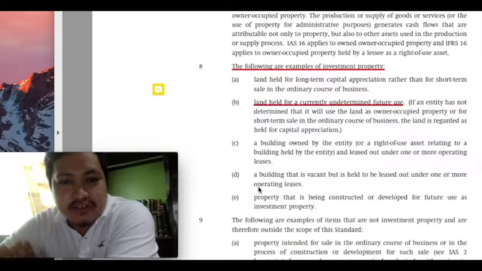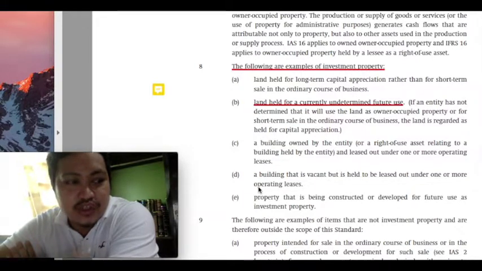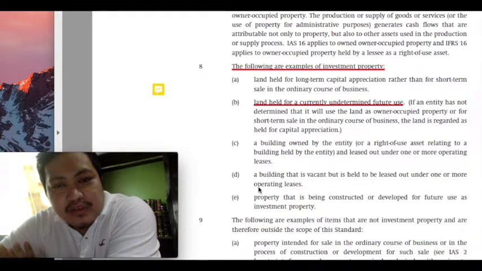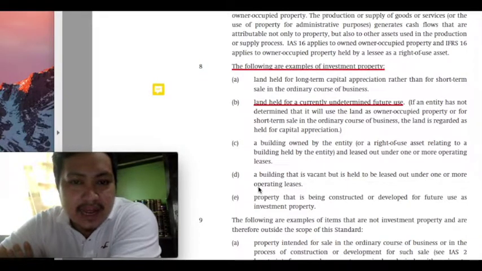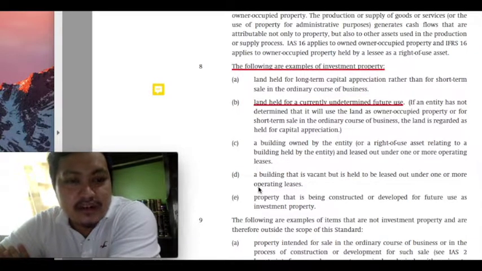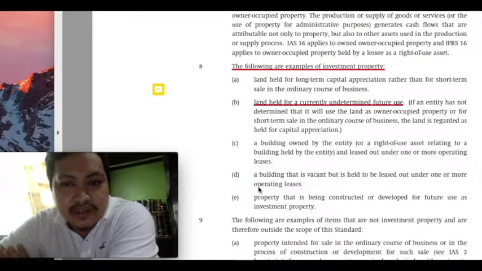This would be considered as an investment property even though there is no intention yet on your part, even if you have not yet committed to use it for investment property purposes. If you have not yet determined the use for the asset, it would still be considered as an investment property. Why? Because even if you do nothing to that land, it would still increase in value. So there is now a presumption that it is being held for capital appreciation.